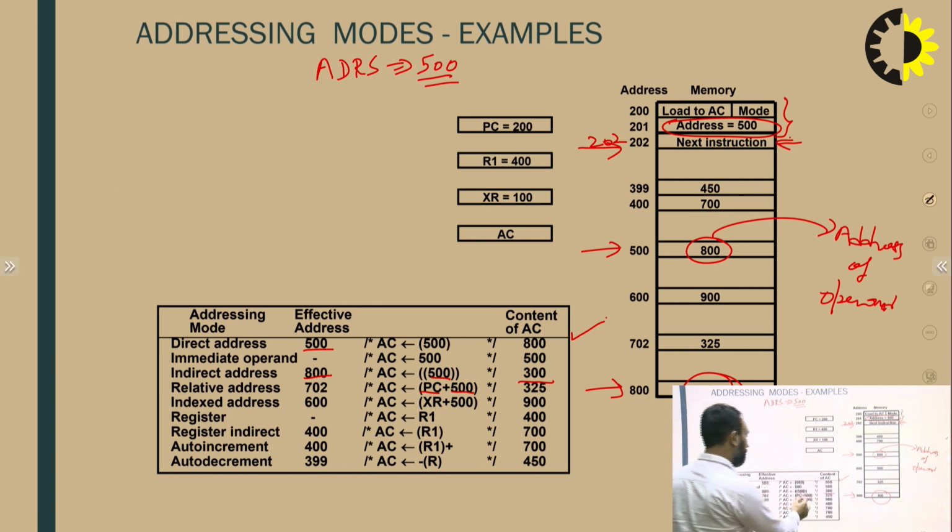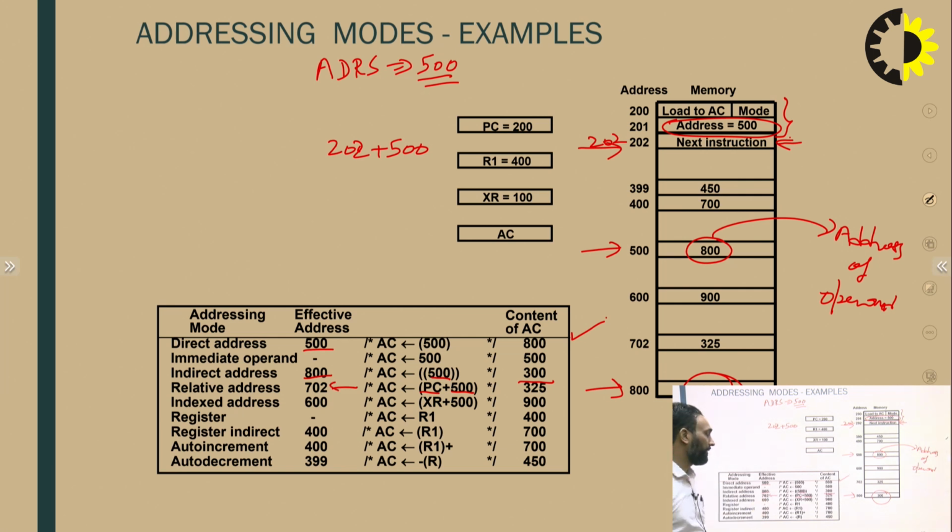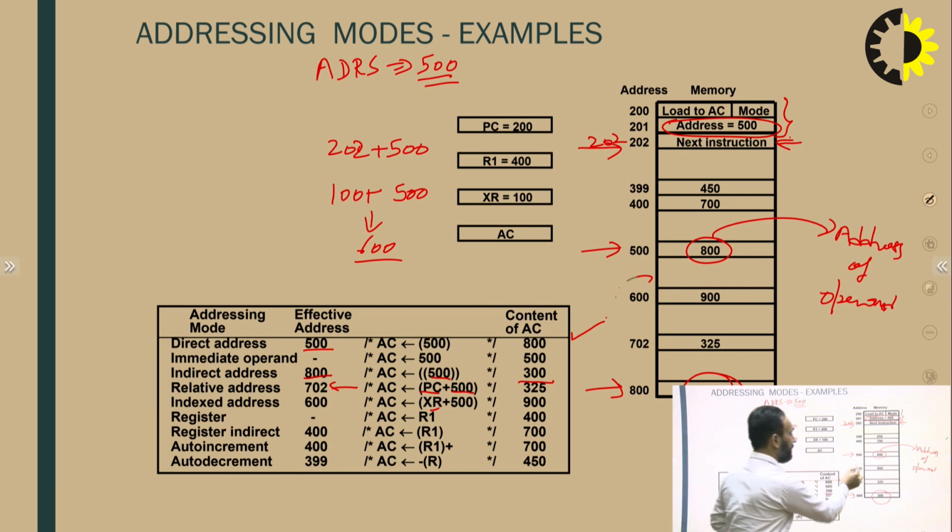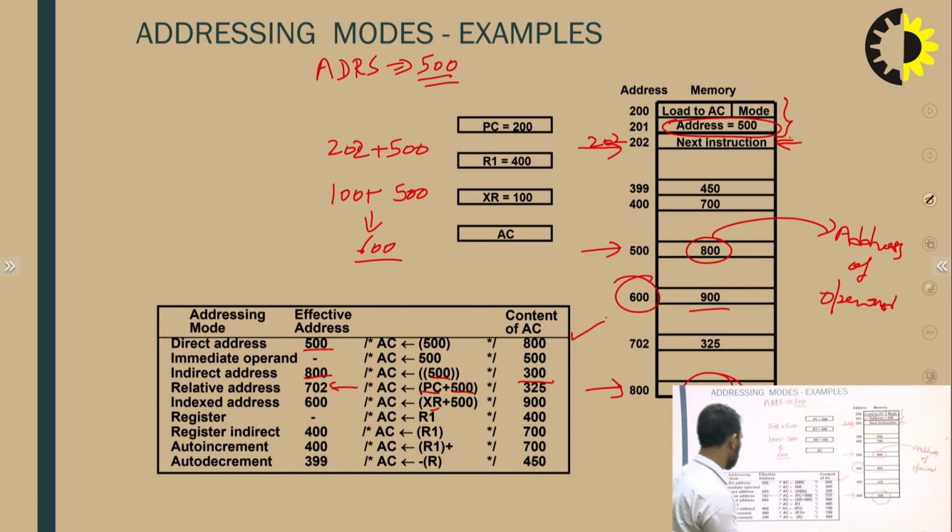So the effective address will be 202 plus 500, that is 700, right? And in index addressing mode, I told earlier that it will store XR plus ADRS. What is XR here? That is mentioned in a numerical, that is 100 plus 500. So the effective address will be 600. Go to 600, the content is 900.